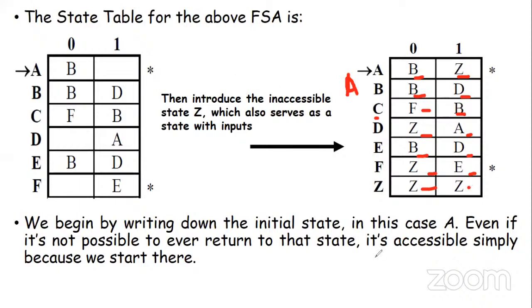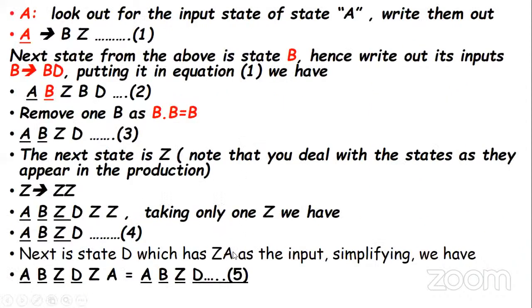Yes, sir. So let me clear all. I said the first thing you do is to write the starting state, which is our A. So what is the input combination for A, as shown earlier?